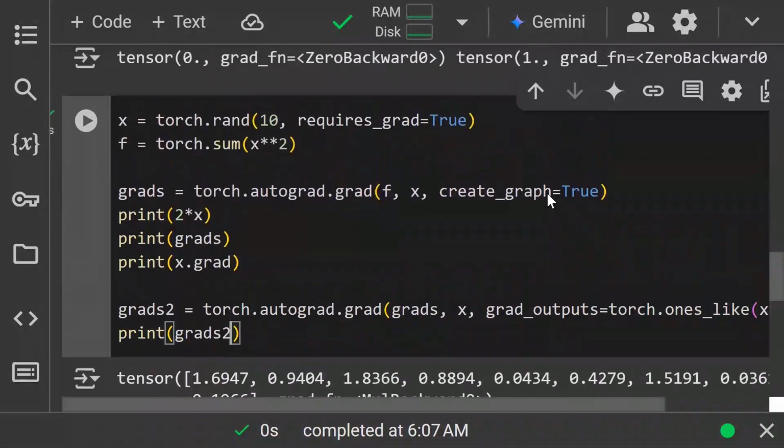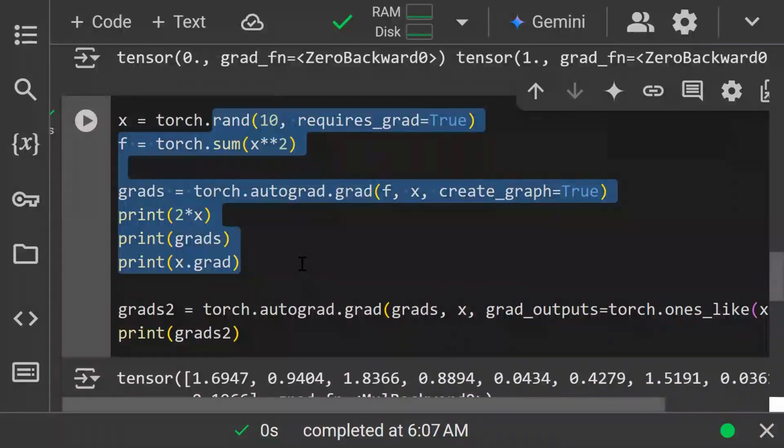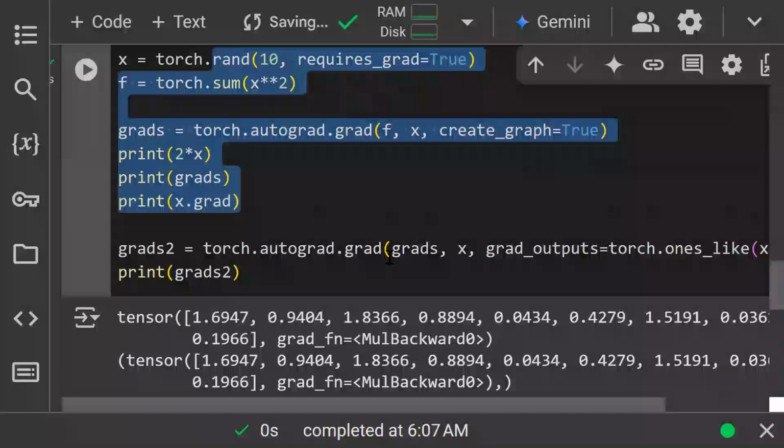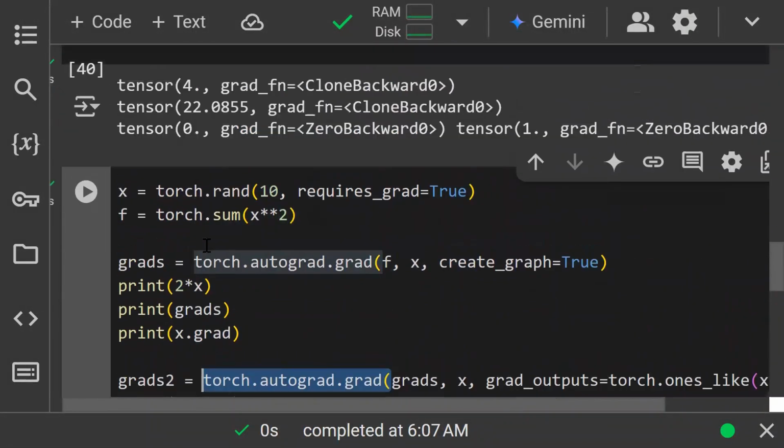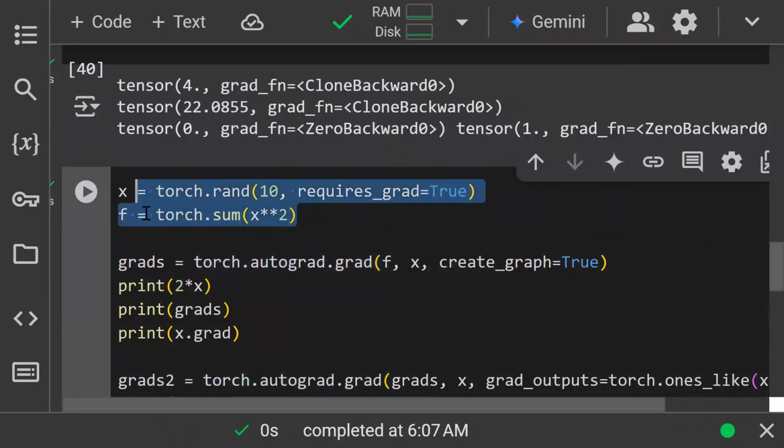So on top of what we already saw over here, the first order derivative, now I use torch.autograd.grad to compute the second derivative of the given function. Recall, this is just the sigma of the square of the individual elements, right?